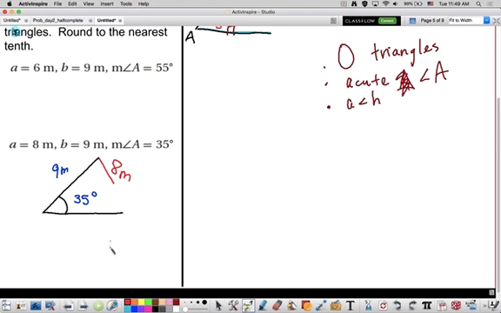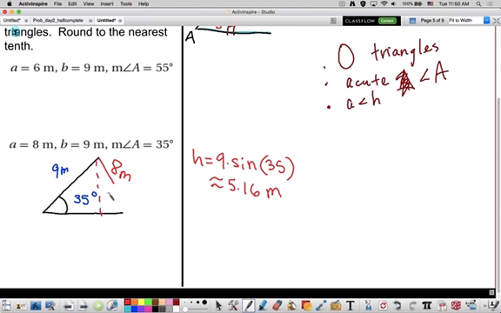Well, I think it's going to work out like this, right? H is going to be 9 times sine of 35. And what did you find out that was? 5.16. Okay. So the height is 5.16. If you look back at your graphic organizer, you set it up like this.